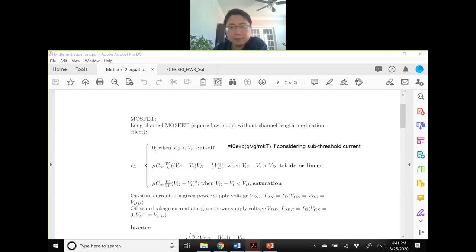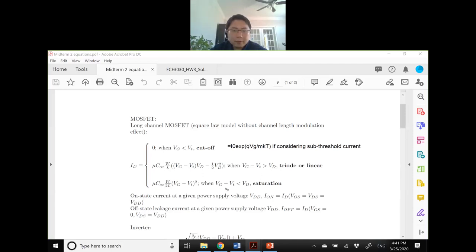almost 0. And then the triode or the linear region, when the gate voltage Vg minus Vt is larger than the drain voltage Vd. So if you have this condition, then the transistor is in the triode or the linear region, where you can have the current equations like this.